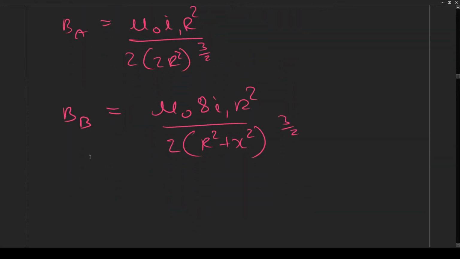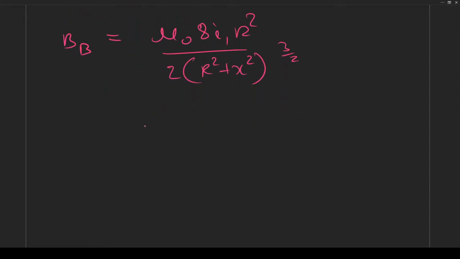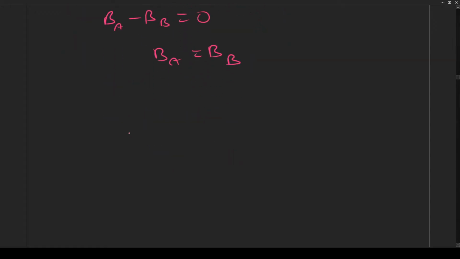Now if both should be equal, B_A minus B_B is equal to 0, so B_A equals B_B.